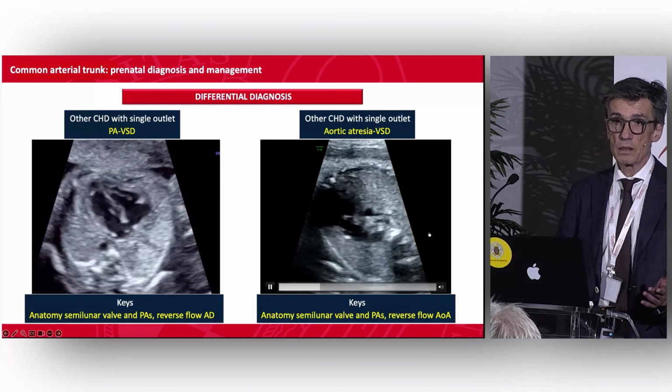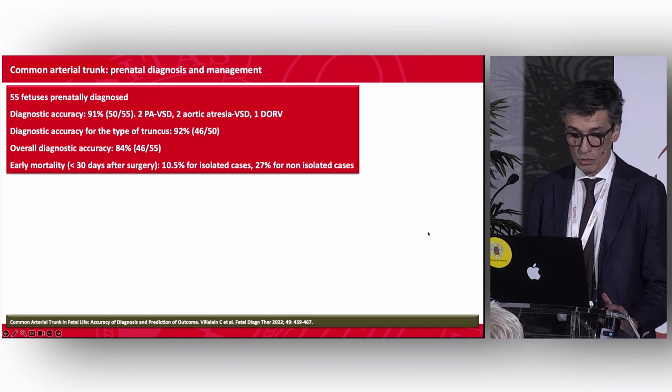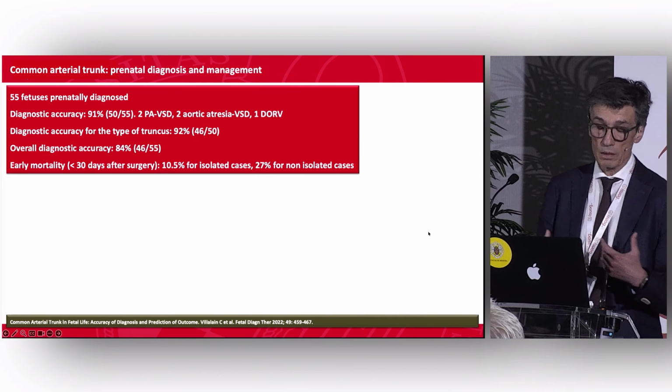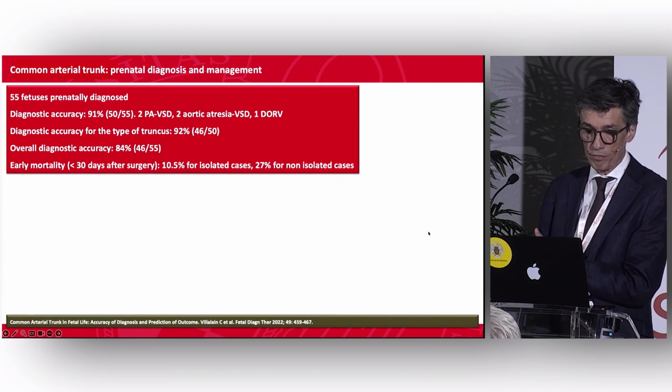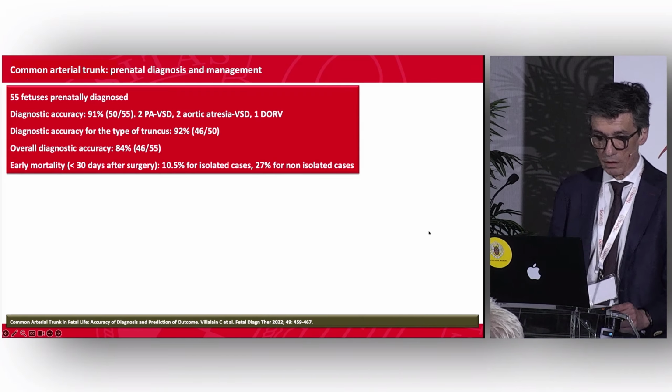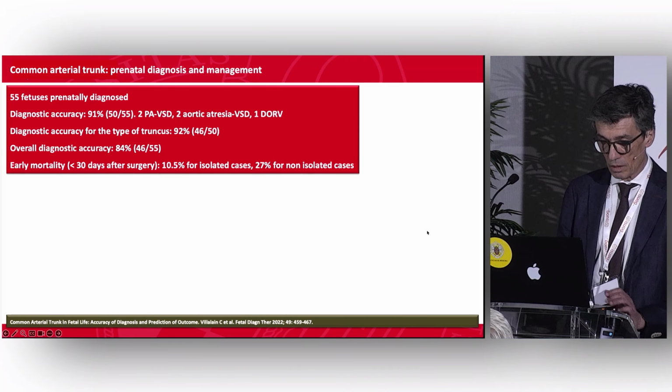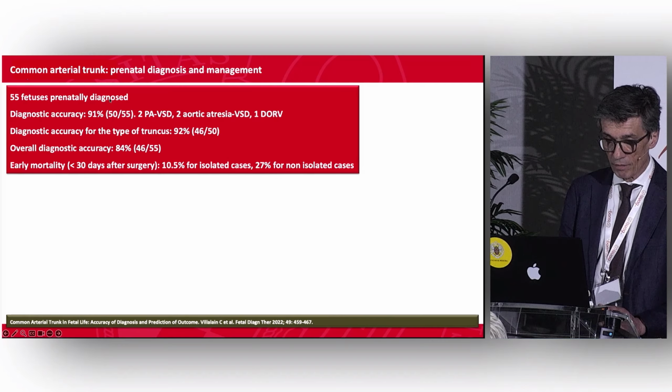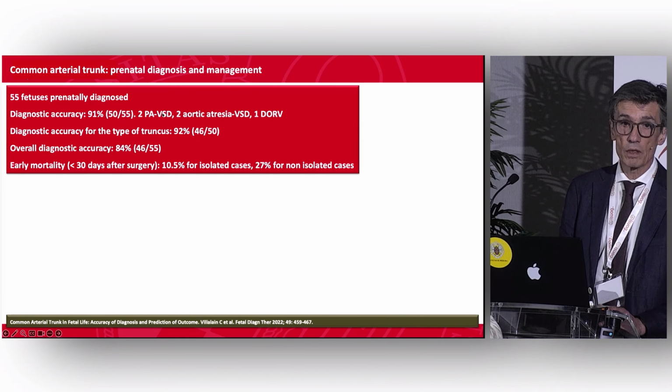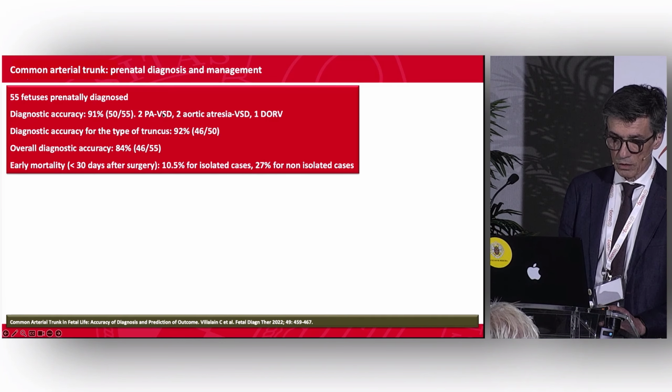Given these similarities, it's not strange to have some discrepancies between the prenatal diagnosis and the final postnatal diagnosis. We looked at our own experience. We analyzed the results of 55 fetuses with common arterial trunk diagnosed prenatally, and we had a very good diagnostic accuracy.